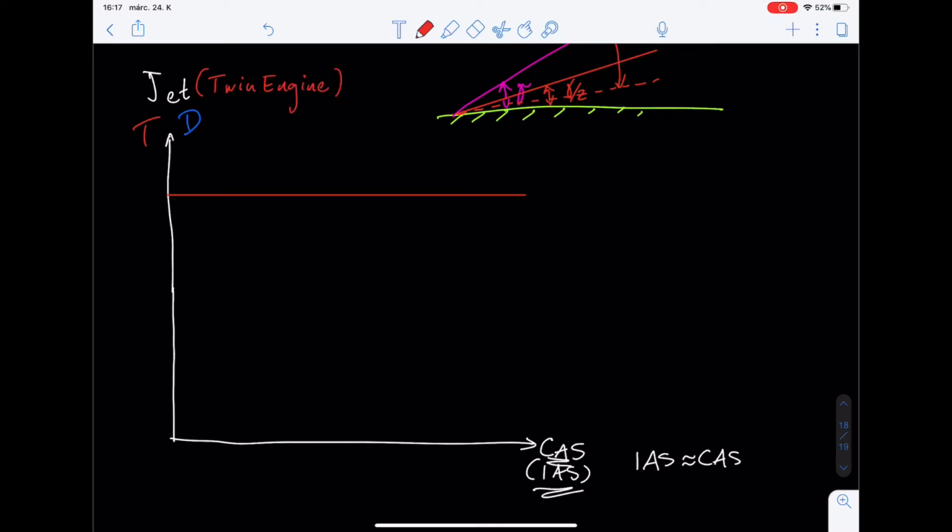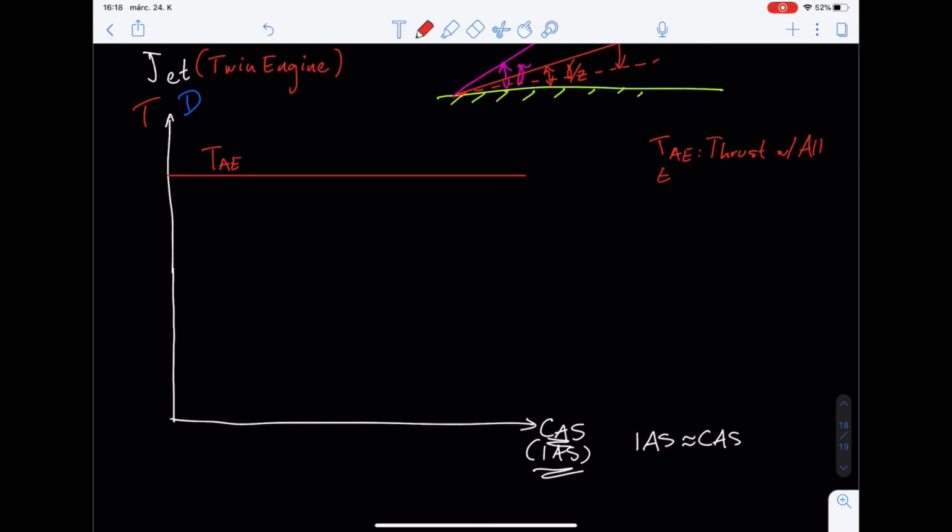Okay, so this is the so-called TAE. TAE would be all engines, so the thrust delivered with all engines operating.